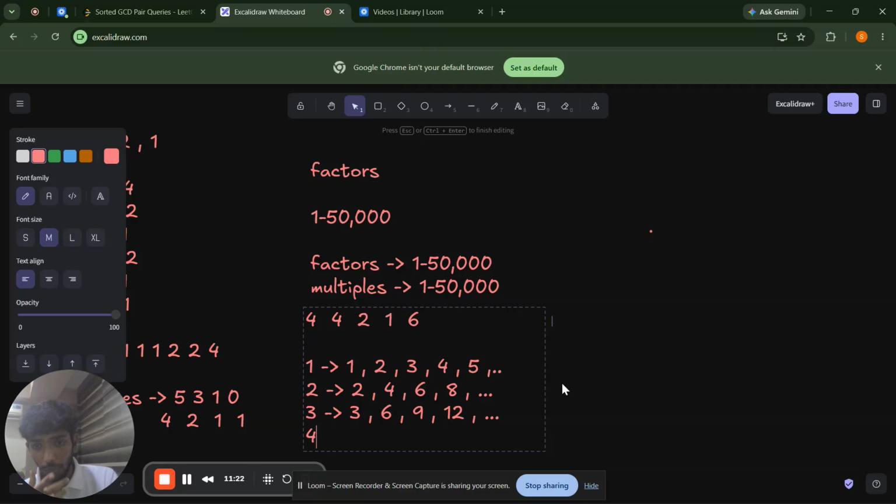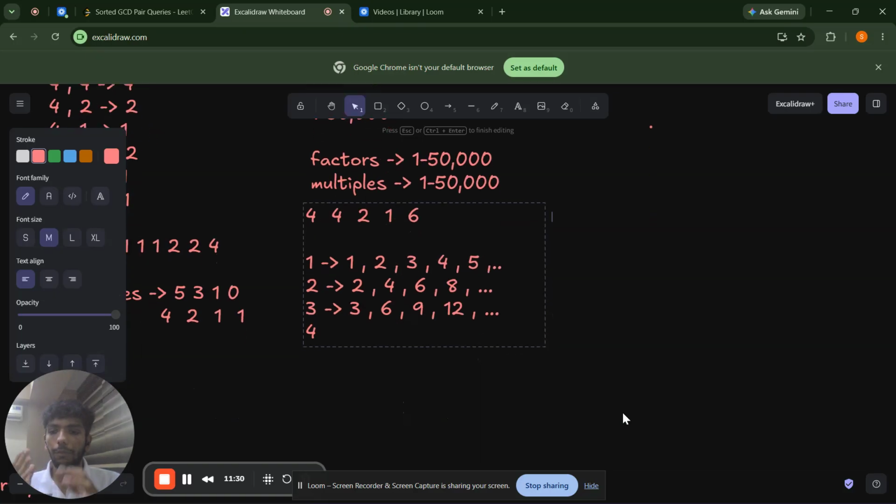But don't you think that if our maximum element here is 6, finding out that 3 has multiples 9, 12, 15 and many more will not be beneficial? Knowing that 12 is a multiple of 3, or 9 is a multiple of 3, will not contribute here because it is an unnecessary fact.